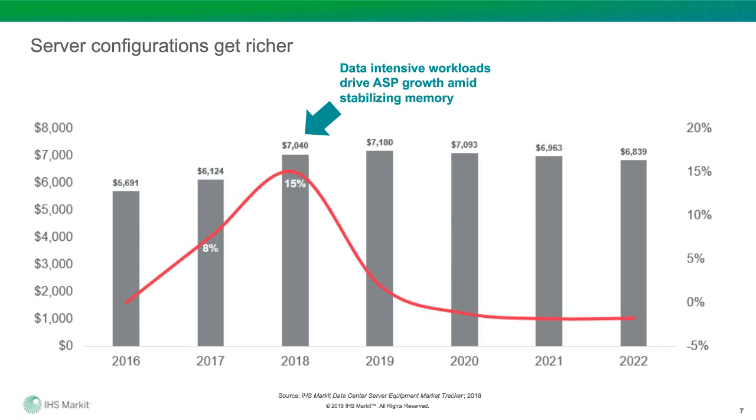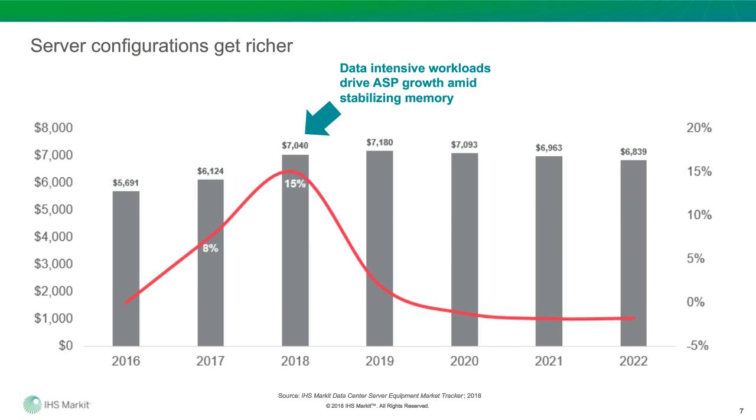But in 2018, we also see the effect of those data-intensive workloads. That has actually been a recurring theme of my conversations with the server vendors every quarter this year. In fact, we expect that while memory prices decline from 3Q18 onwards and through 2019, data-intensive workloads will maintain server ASPs over the $7,000 mark.